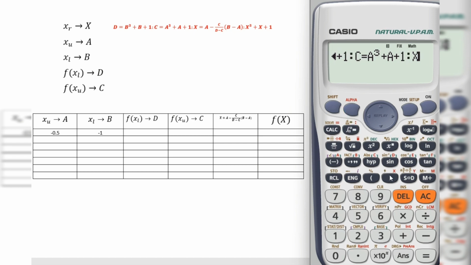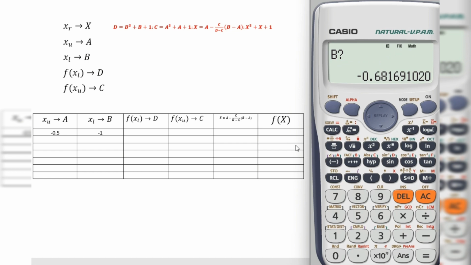Now X is equal to A minus C over D minus C times B minus A, again colon mark, x cube plus x plus 1. Now click the CALC button.